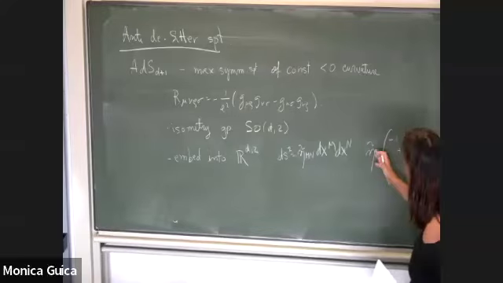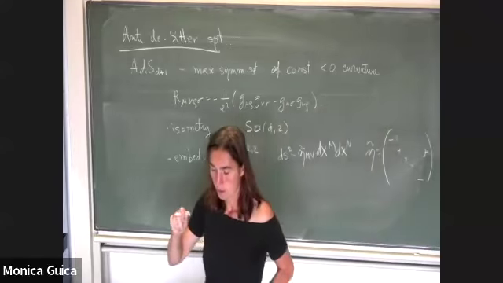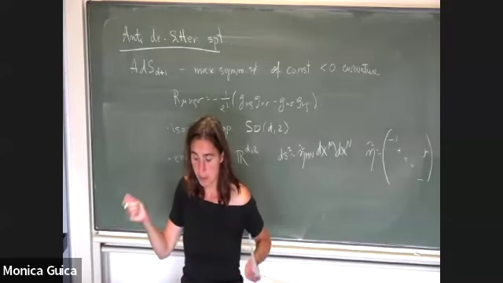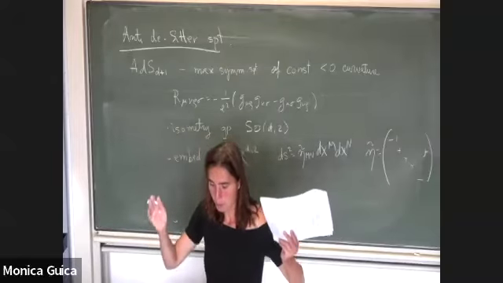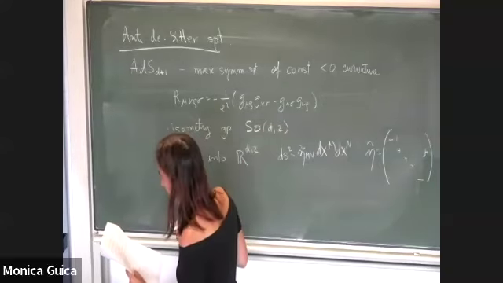So you see this η̃ is basically the matrix that's left invariant. So SO(d,2) is: group element transpose times η̃ times group element equals η̃.